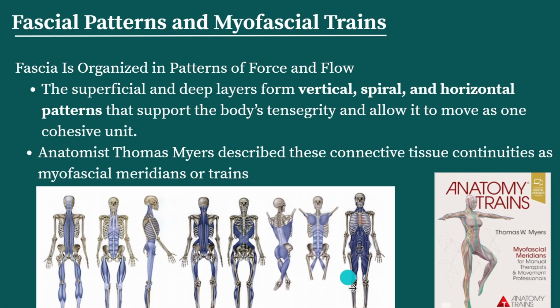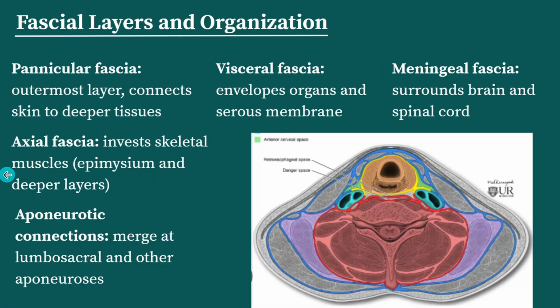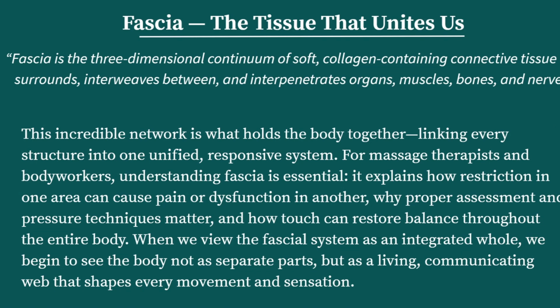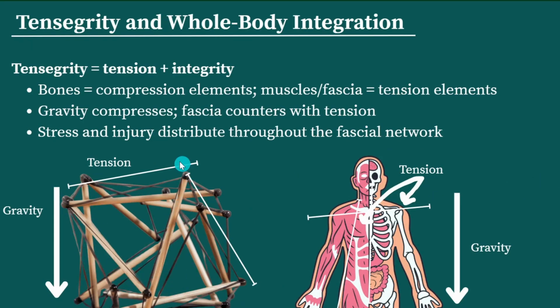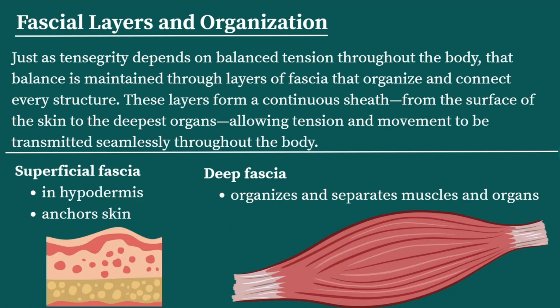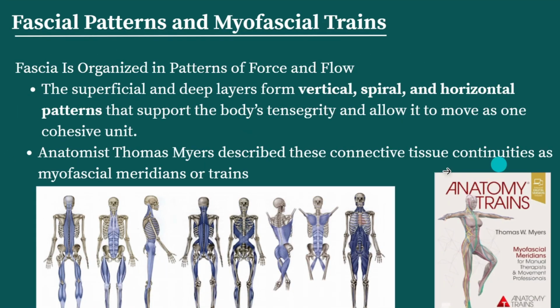So we have fascia that runs vertically, and we also have fascia that runs horizontally, and that web is what keeps our structure stable. This one right here, that web of the cables going in all the different directions, is what we have. There was an anatomist named Thomas Myers who described these connective tissue continuities as myofascial meridians or trains, how the lines ran.